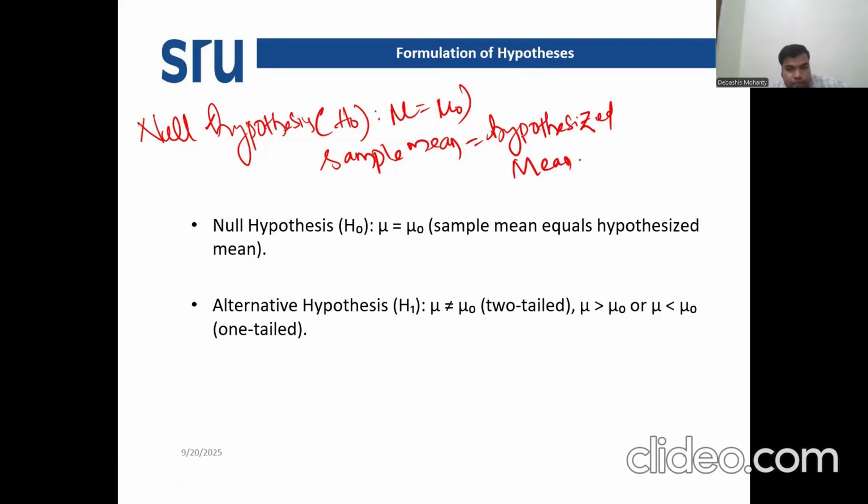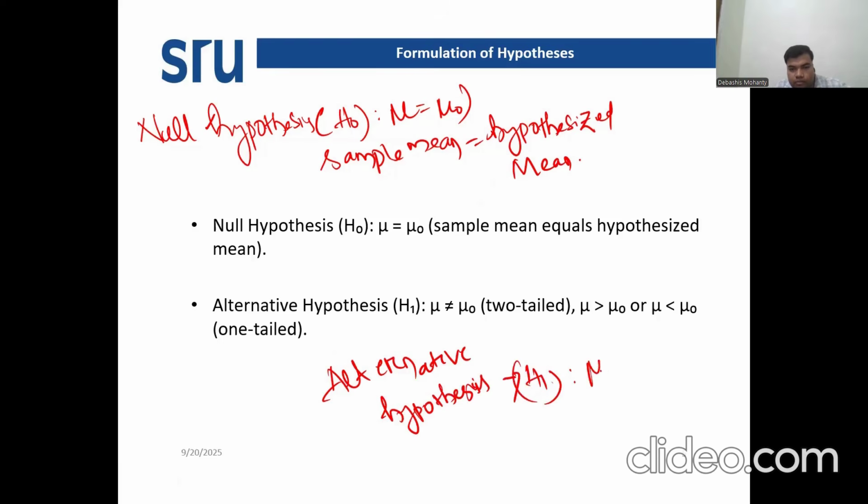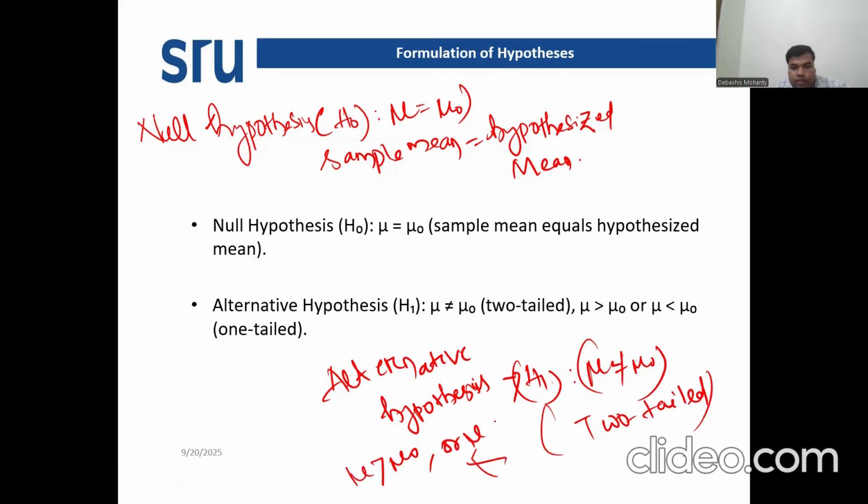In the second one, the alternative hypothesis, H1: mu is not equal to mu naught. That means mu is greater than mu naught or mu is lesser than mu naught.